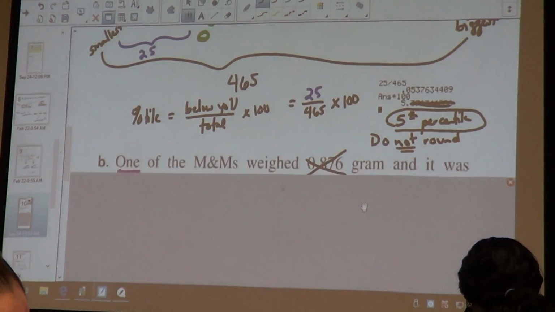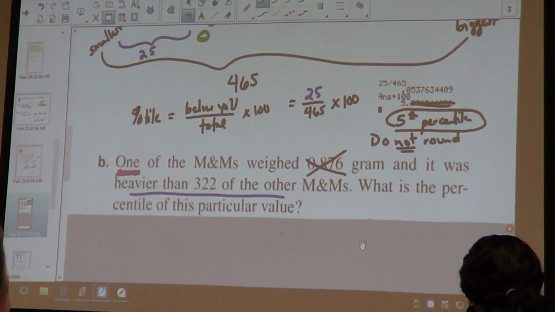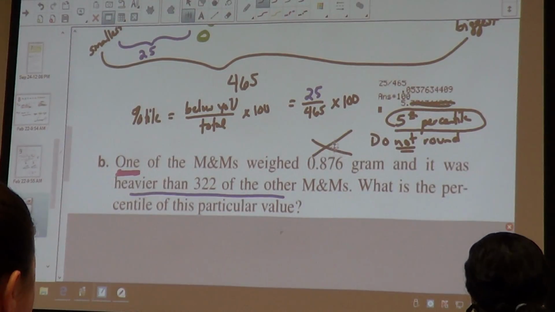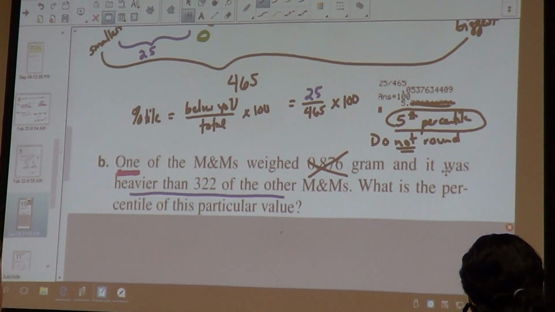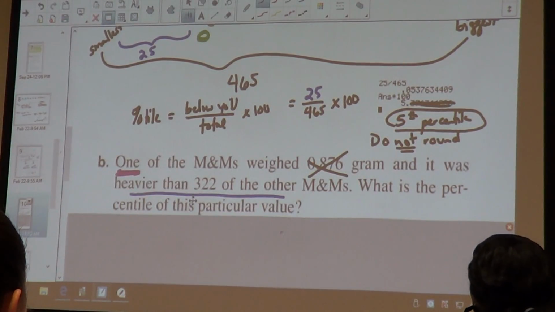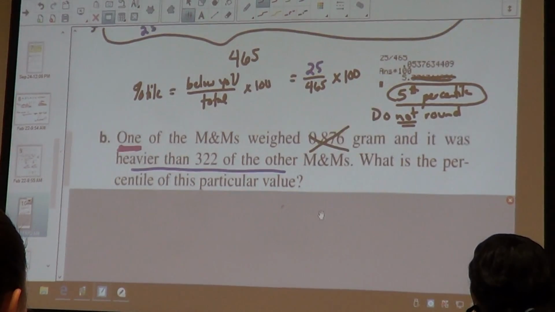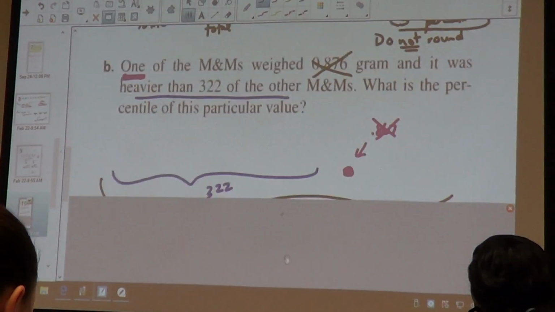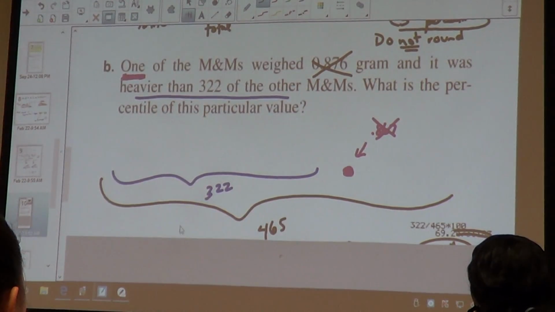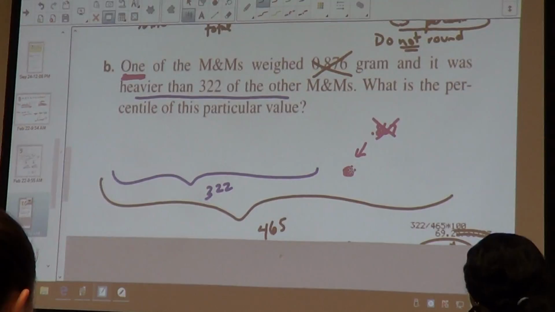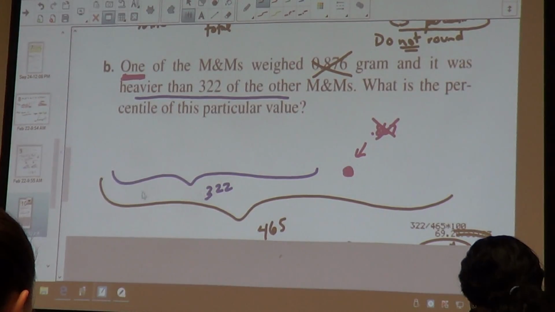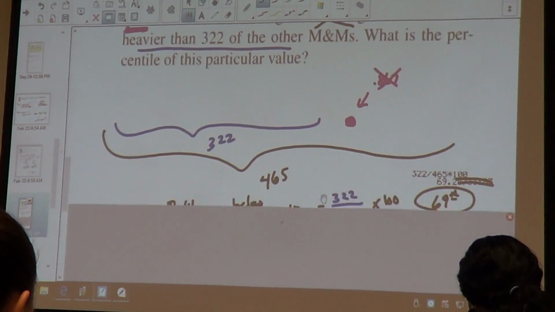So here's another boring M&M problem. One of the M&Ms weighed this. It was heavier than 322 of the other M&Ms. So here's my little picture. You had 465. My little M&M, my purple M&M this time, was heavier than 322 of them.